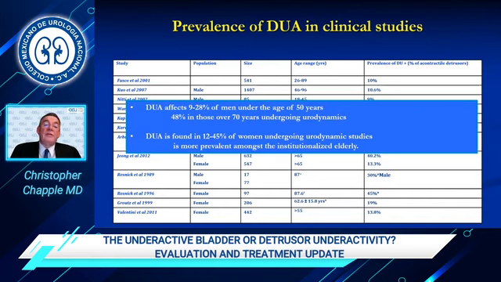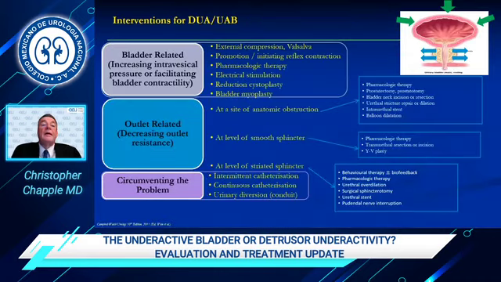Underactivity is found in 12 to 45% of women undergoing urodynamics and is more prevalent amongst the institutionalized elderly. So you can see here that this is the gist of it. So if you want to use the term BPH, beware in men as they're getting older, because they may not just have obstruction, they may have underactivity. And so there is a potential use for urodynamics, particularly with very large residuals.